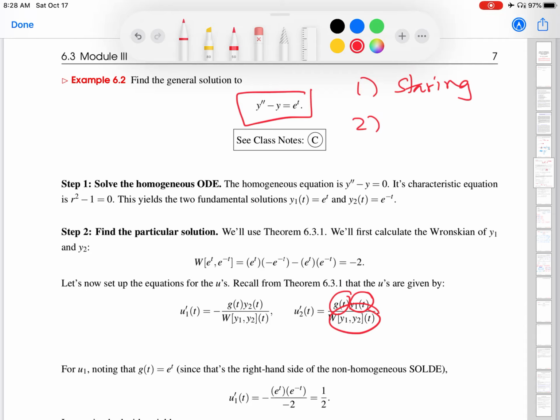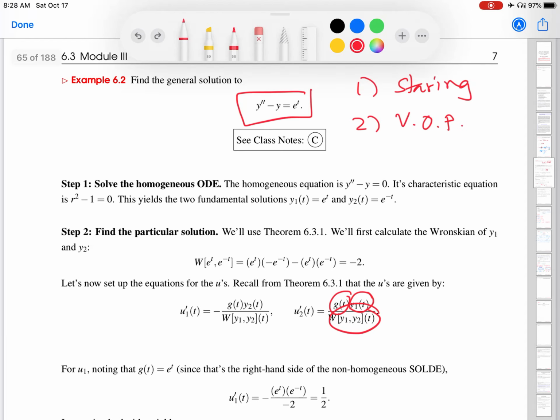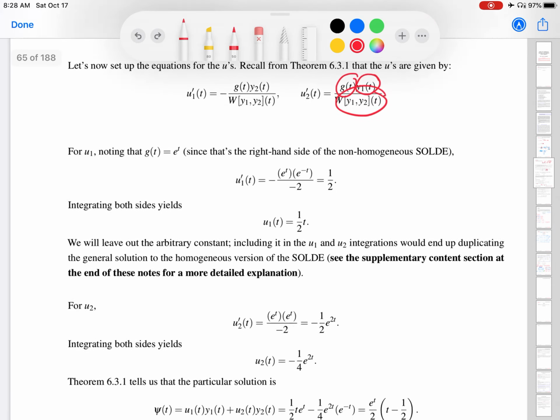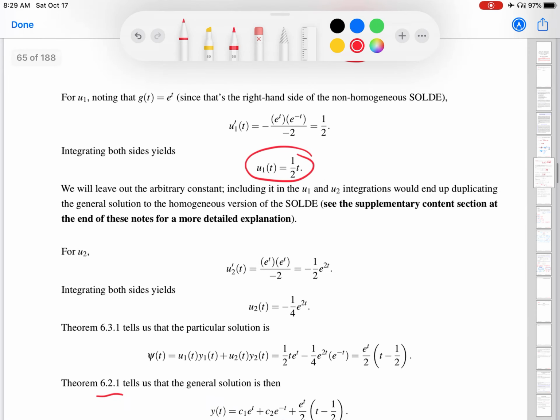If this doesn't work, then that's where you can try variation of parameters. This is a more systematic, algorithmic method, but as you can see on this page, it does take a lot longer. So, all this work to find psi. And that's because the integrals that we obtained for u1 and u2, the integration process, was fairly simple.